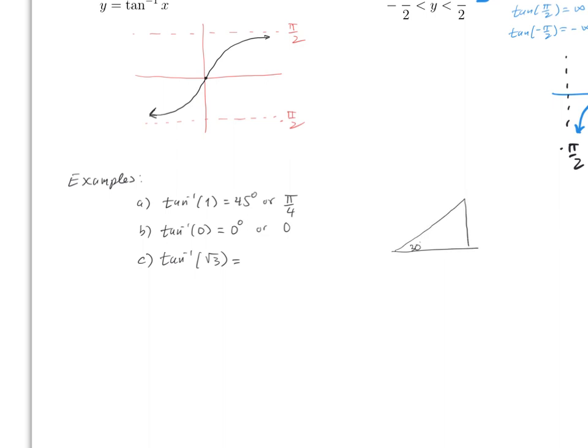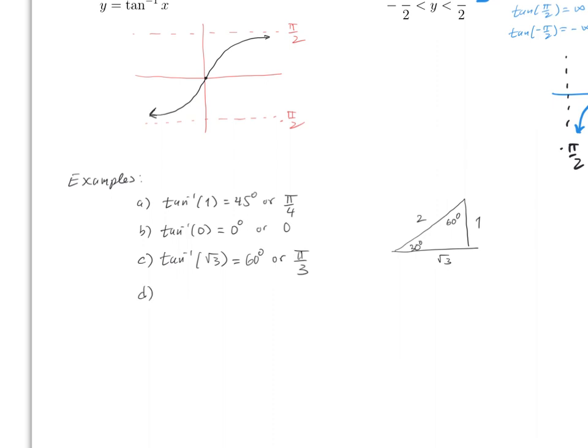Let's say this is 30, there will be 60, so it will be radical 3, this will be 2, this will be 1. So if you want tangent to be just radical 3, tangent has to be this over this. So that means this is 60 degrees. So you can see everything depends on these triangles, or pi over 3.